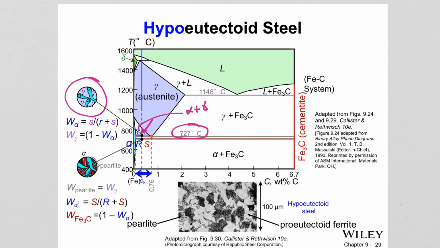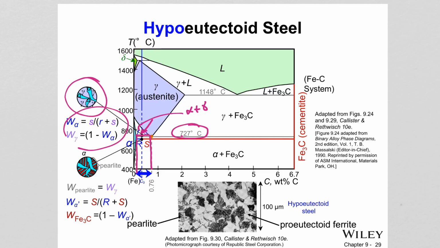So what are the weight fractions of alpha and gamma? Of course, you read it the same way. There is the tie line here, and then you read the numbers here. And from the equations we have learned, you can calculate it easily.